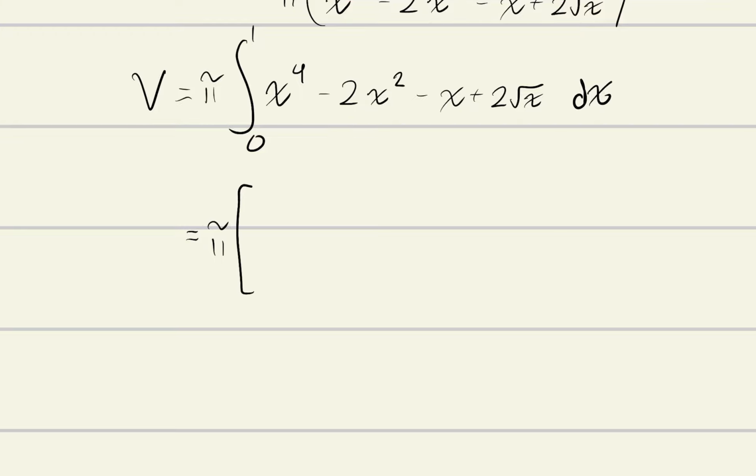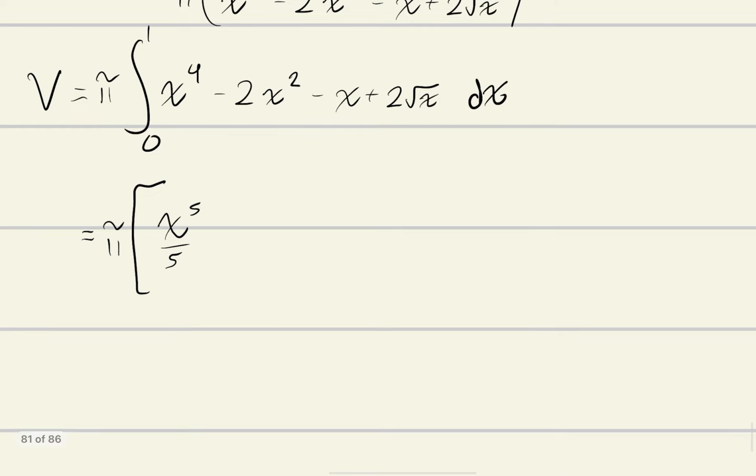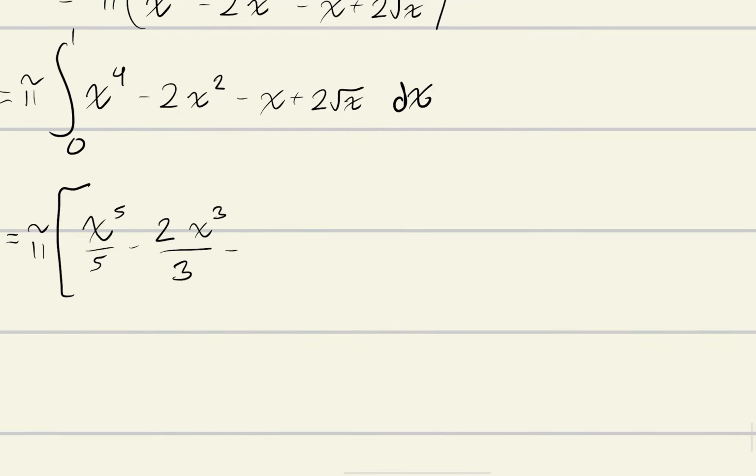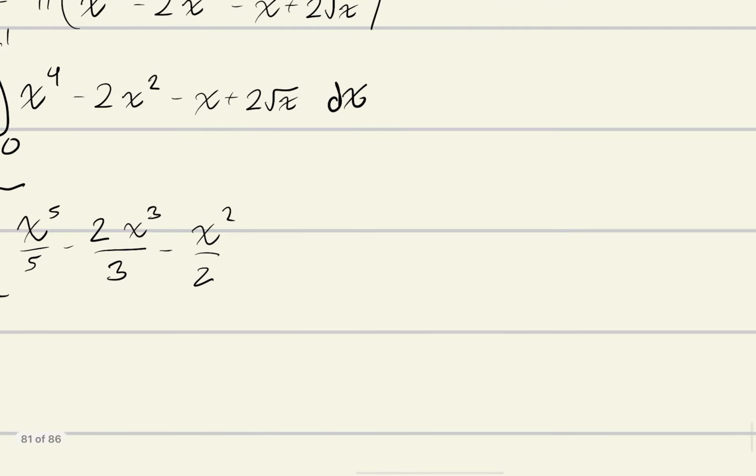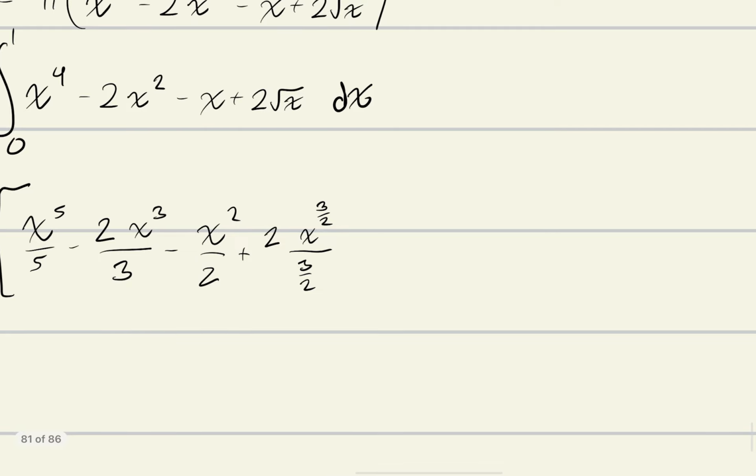So it'd be pi times x to the fifth over 5 minus 2 x to the third over 3 minus x squared over 2 plus 2 x to the 3 halves over 3 halves, evaluated from 0 to 1.